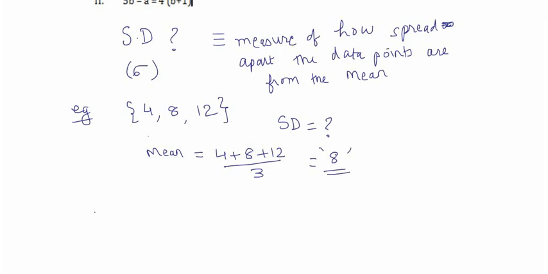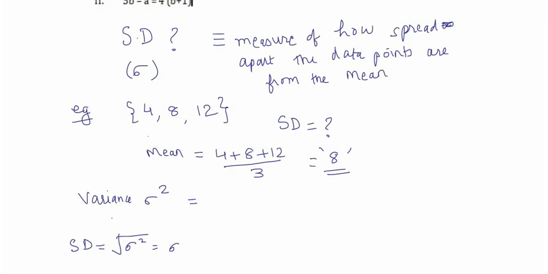Okay, now we can calculate sigma square, which is nothing but variance. This is variance, and standard deviation is nothing but the square root of variance, which is sigma.